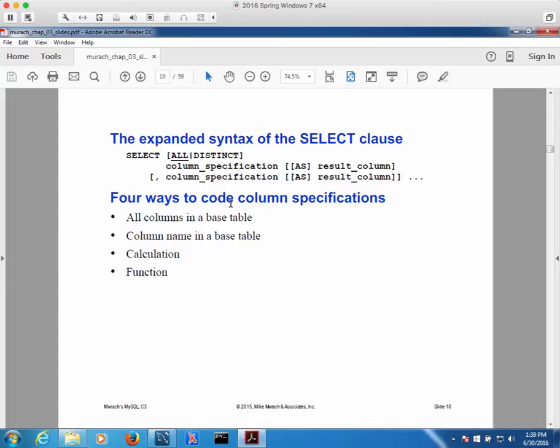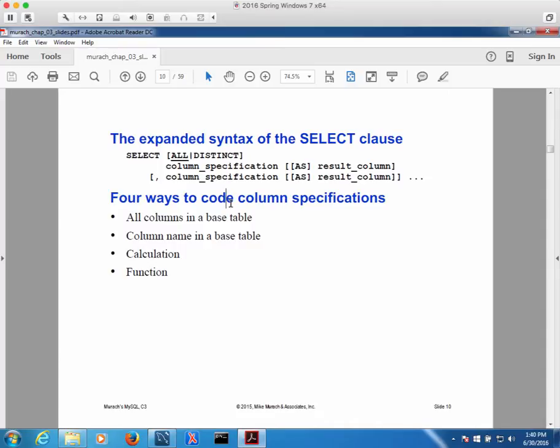And this is going to, oddly enough, limit the number of rows that we get back. So we're going to say we want to select all the rows that match or only the distinct rows that match, and then we'll get into the details of that.